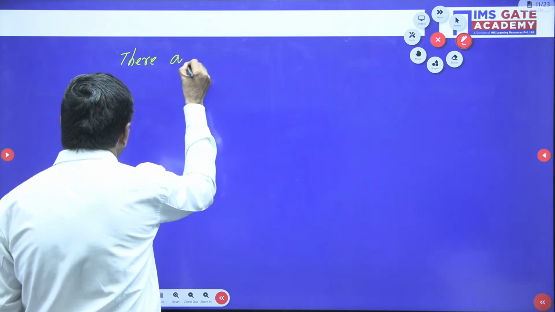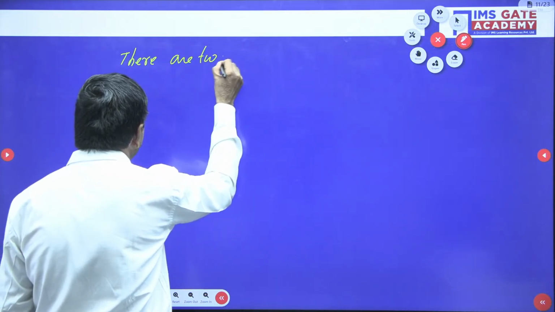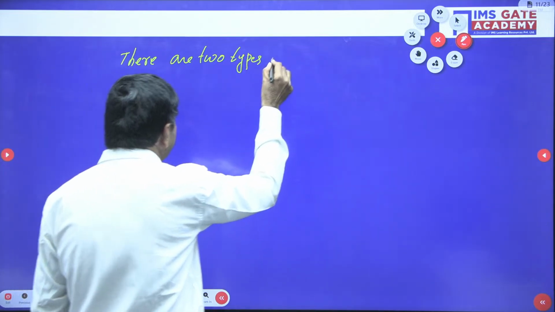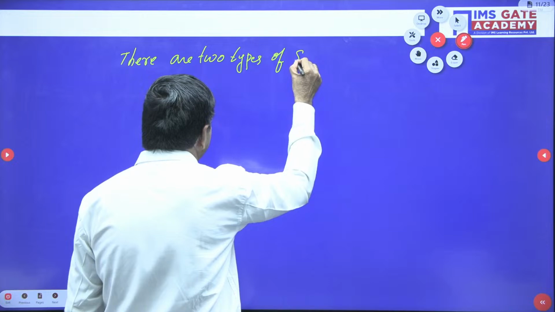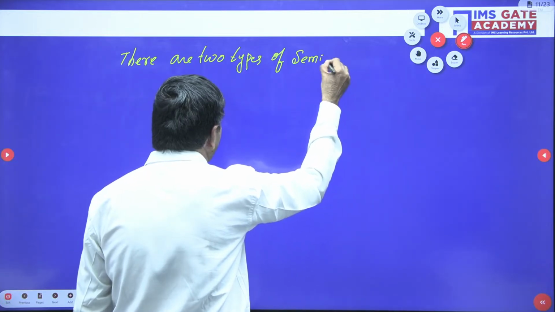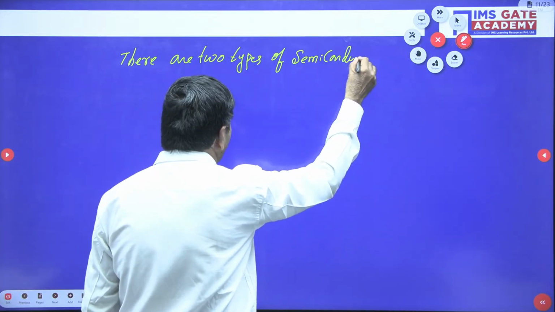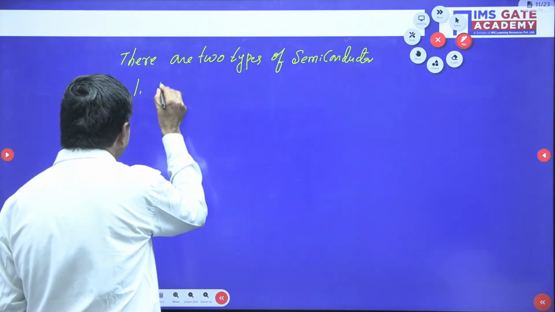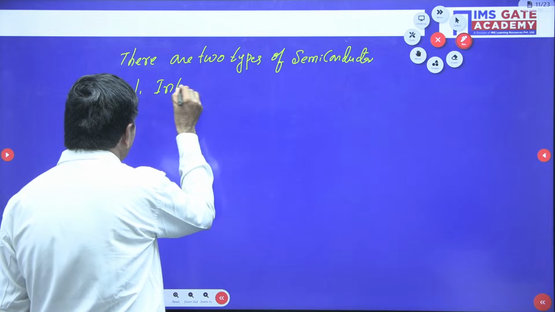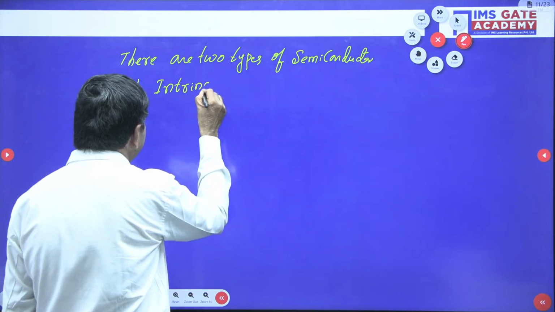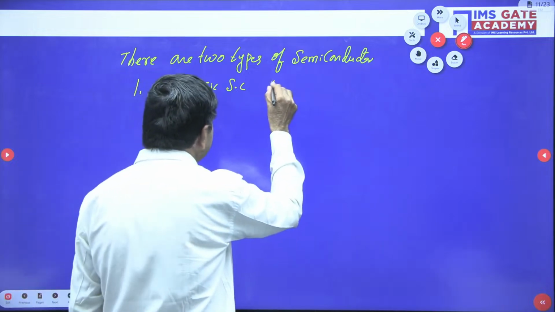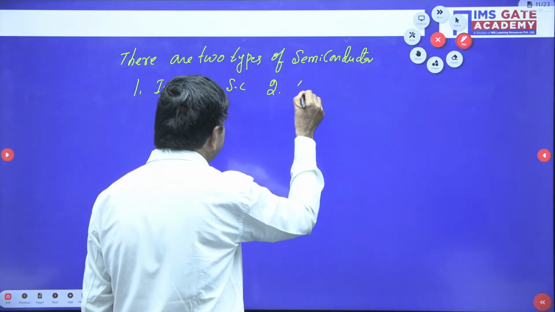There are two types of semiconductors. One is the intrinsic semiconductor, the second is the extrinsic semiconductor.